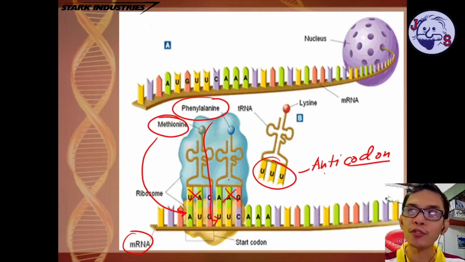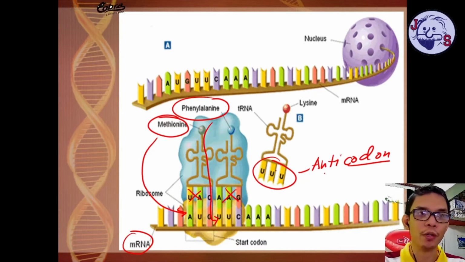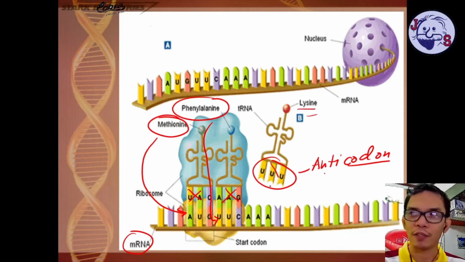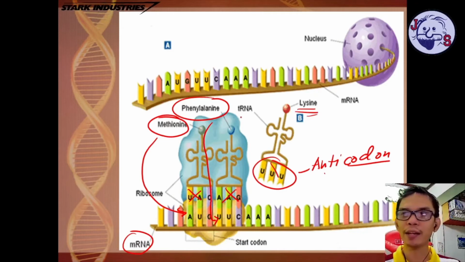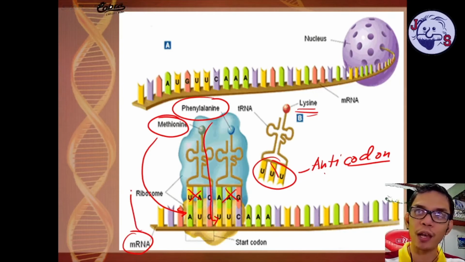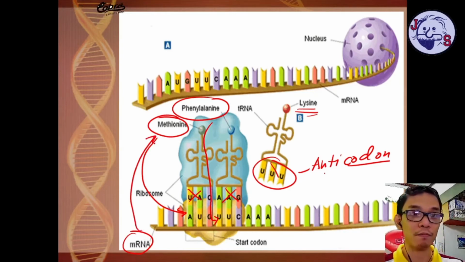Now, if you want to find out if UUU is the codon for lysine, let me know in the comment section below. So, try to find it out using the codon chart. So again, the mRNA is the one that is used to determine the amino acid that will be created.